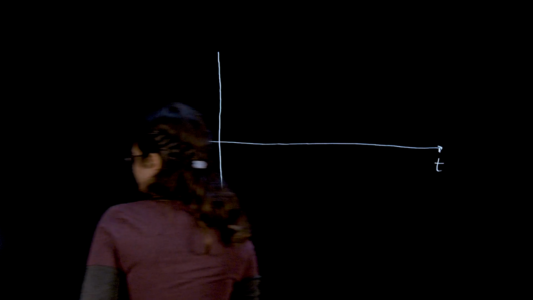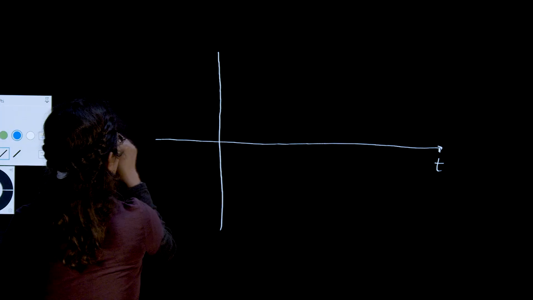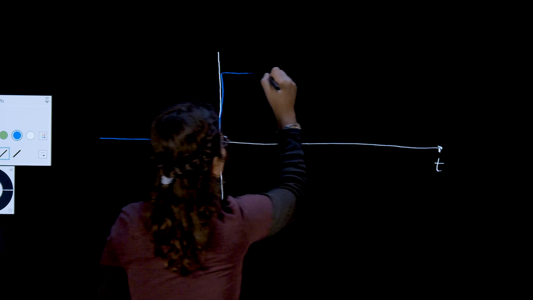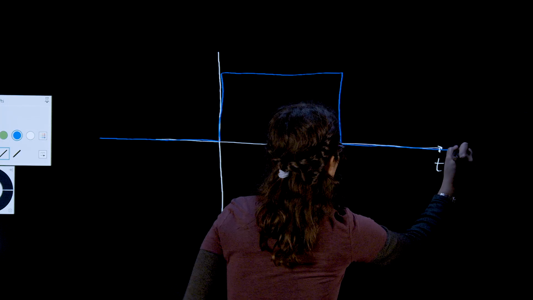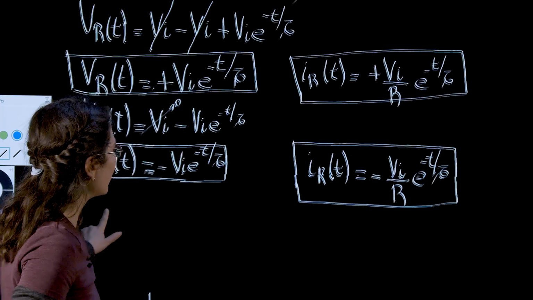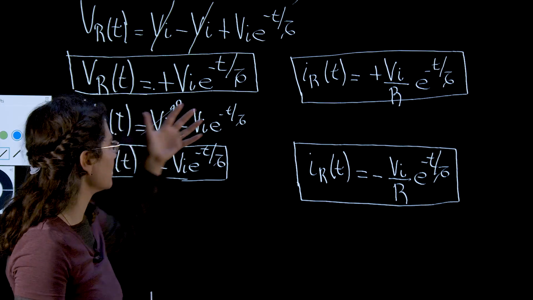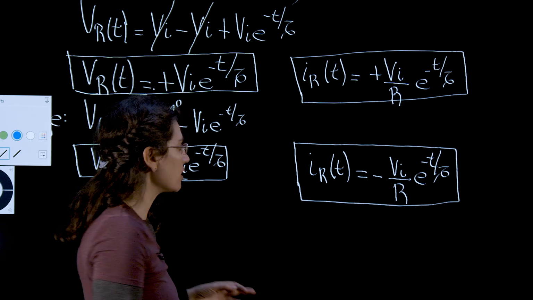That's t. If we have here our input voltage, like this, as we can see from these equations, the voltage in the resistor is proportional to the current, and we already had the current before.